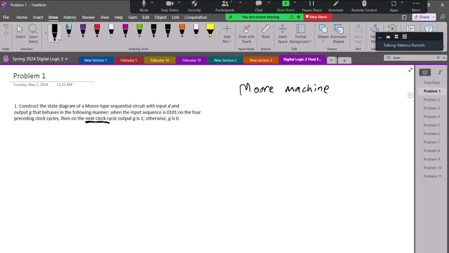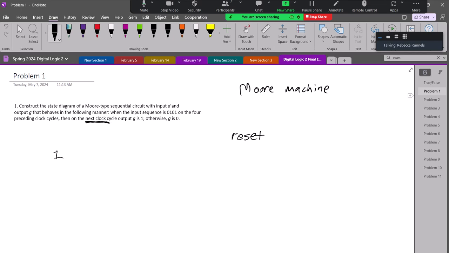So we want to think about what our different states could be, and you always want to think about them as heading towards your goal of getting 0, 1, 0, 1. So we'll have our reset. And the reset is going to be also equivalent to having just a 1 without having a 0 before it.